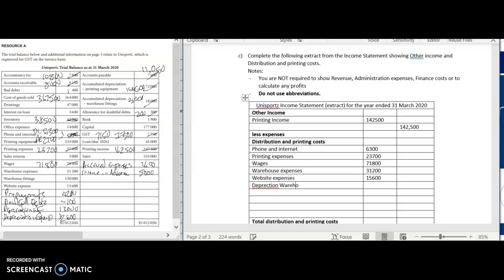Can't spell today. Spelling's okay. It's abbreviations I don't want. Again, because you calculated that, that's a merit excellence grade. And the last one, depreciation on equipment. Just checking it, it's a printing equipment.